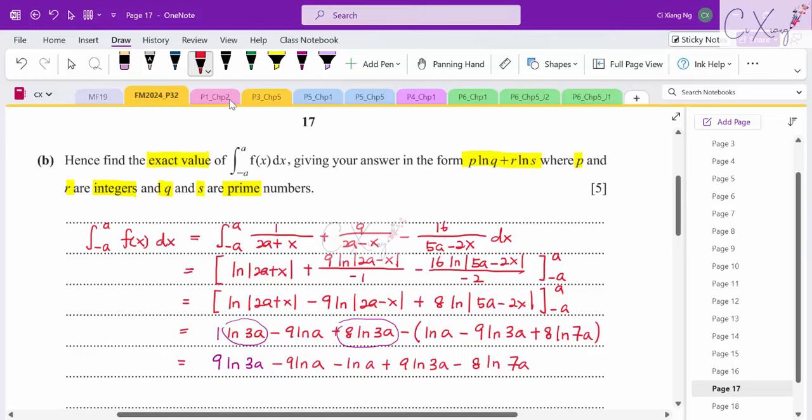All right, then next one. Slowly simplify it one more time. What do I have here? 9 ln 3a plus 9 ln 3a. 9 plus 9 will get 18, right? So I further simplify it to become 18 ln 3a.